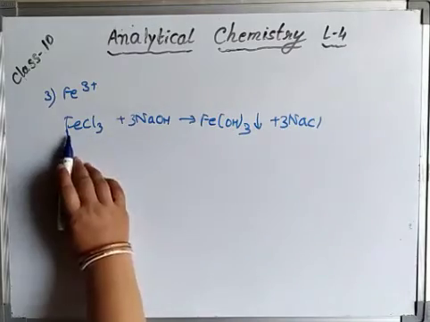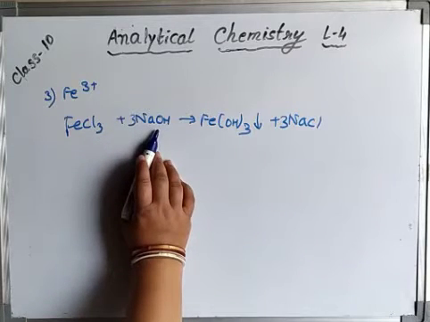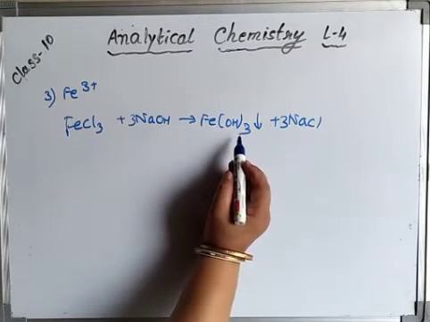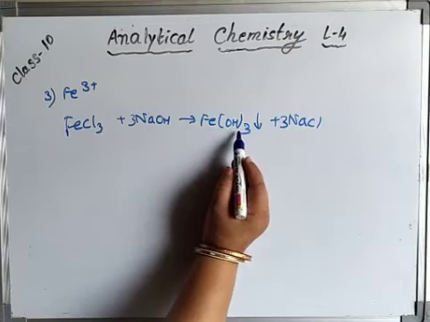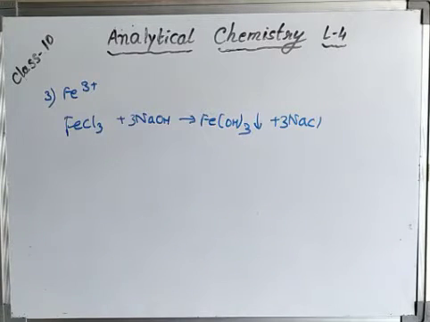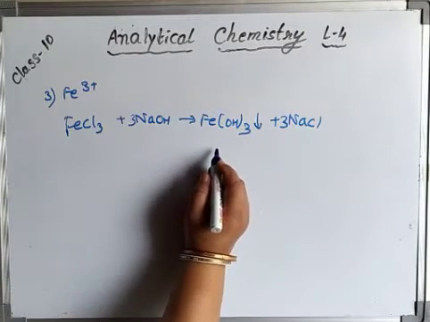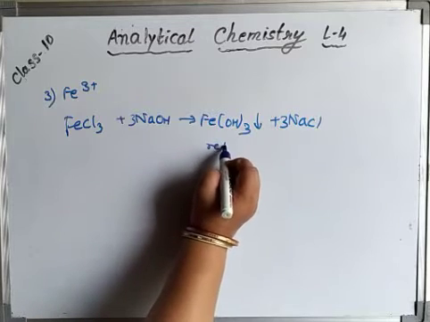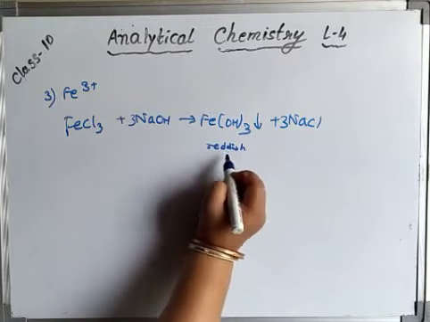Ferric chloride reacts with the alkali sodium hydroxide, then the precipitate of ferric hydroxide is formed, and the ferric ion gives a reddish brown color, or you can write yellowish brown, reddish brown.